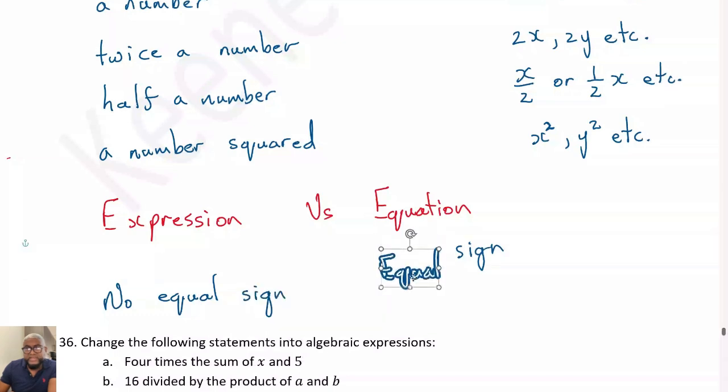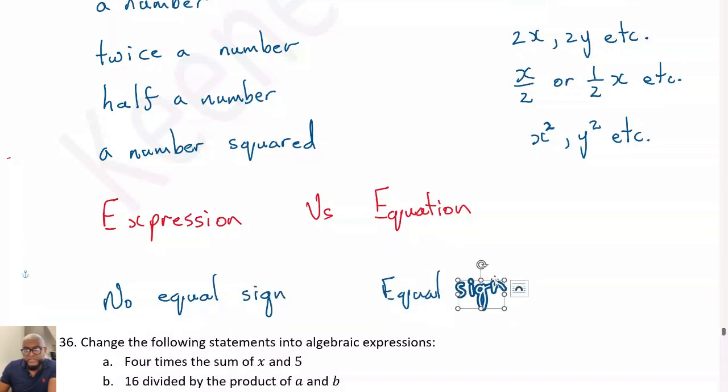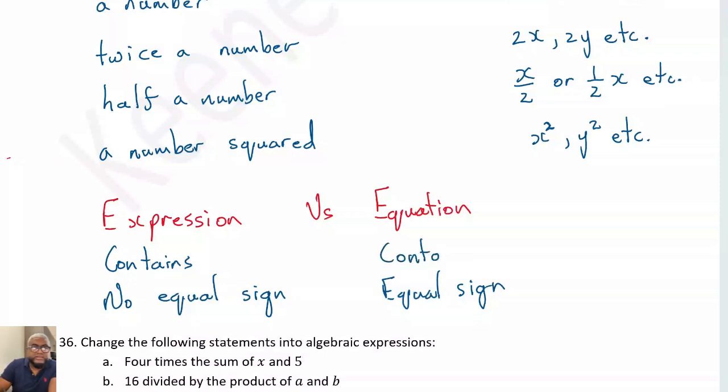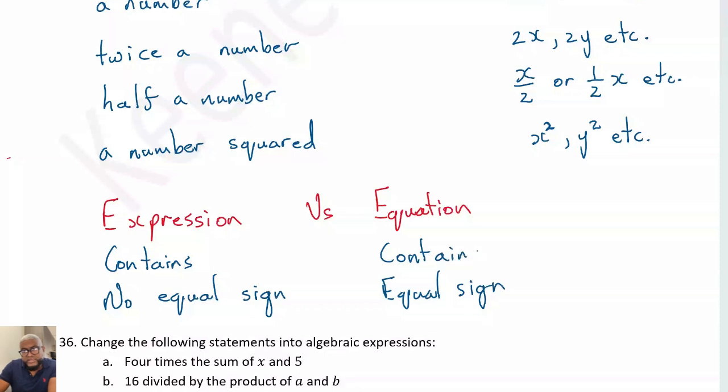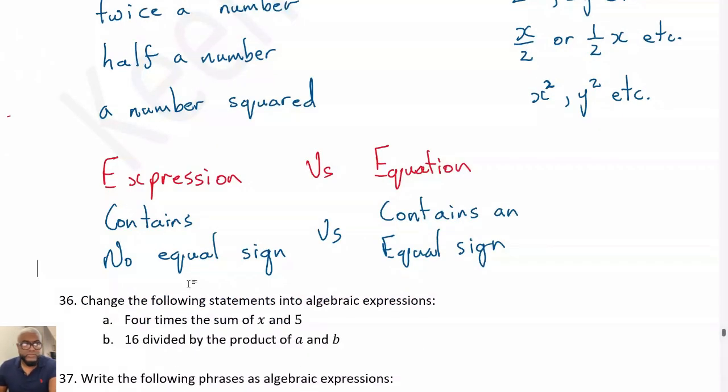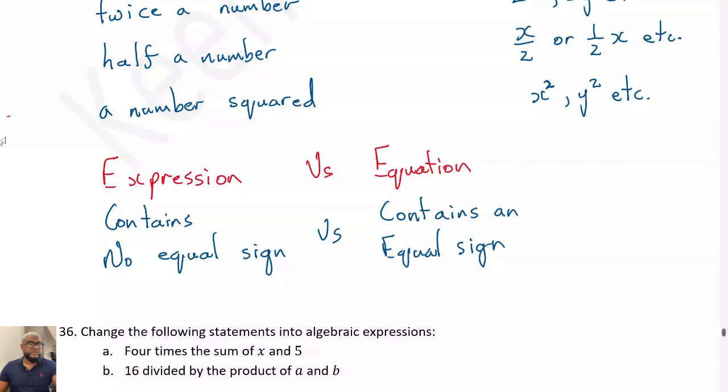So contains no equal sign and then contains an equal sign. I put vs in the middle here. Perfect thing here.